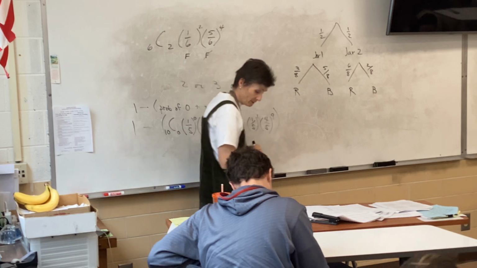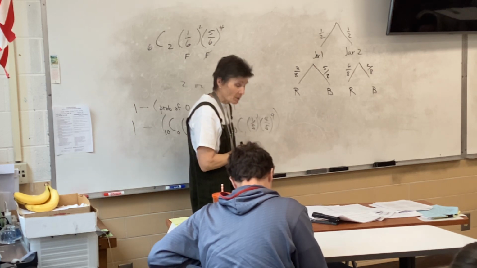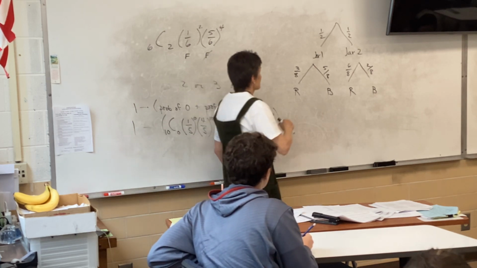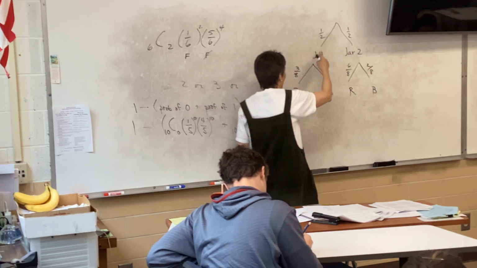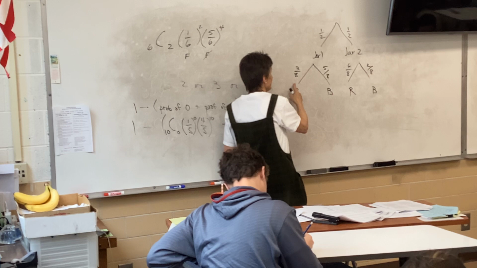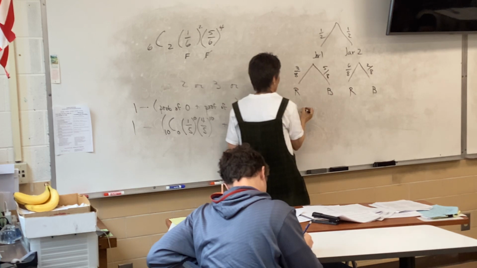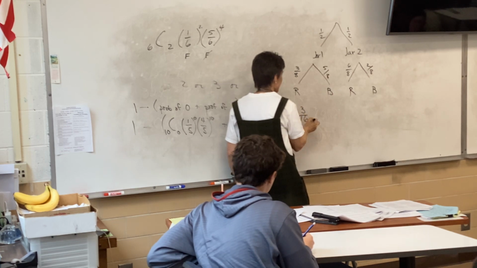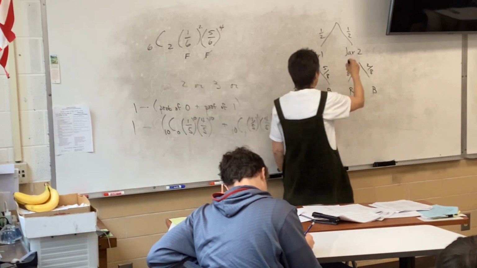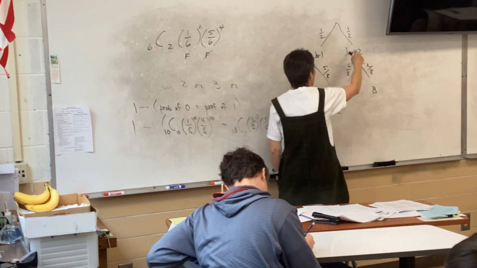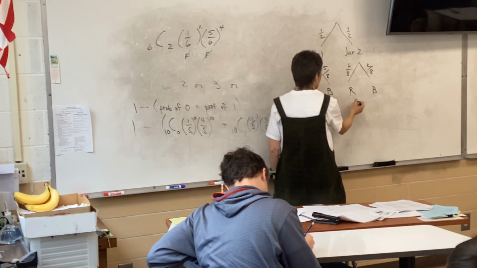We want the probability of drawing a red ball. So here we go. Probability of getting a red ball out of jar 1 is 3/16. And a red ball out of this one is 6/16.